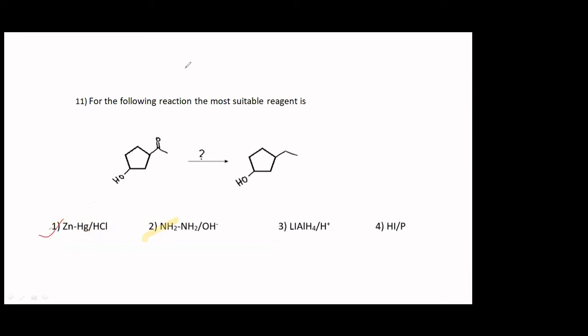Zinc mercury amalgam and HCl. Why? If you use that, what happens, you know? This has got plenty of H plus ions. This will protonate this, so you are going to get OH2, which will be removed, and you are going to get a double bond here. So you can't use this. Yes, this is the one, because OH minus cannot do anything with this; it will be intact, isn't it? So the best reagent for this is option 2.